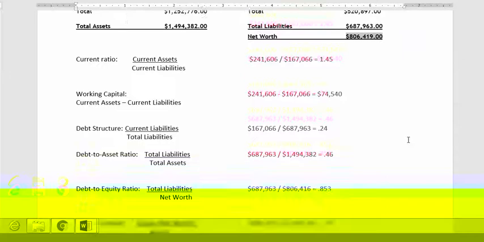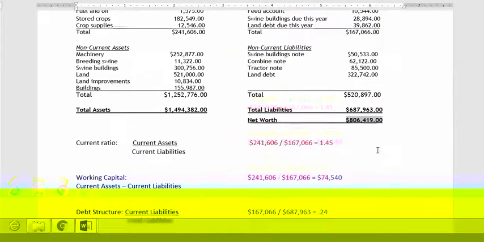And there again, this helps us compare balance sheets. A balance sheet that may have a net worth of $10 million, that sounds great up front, but maybe they have $9.5 million of debt. Well, I said net worth earlier, but I meant if we have $10 million of assets but $9.5 million of liability, that would have a lower net worth than this smaller farm.